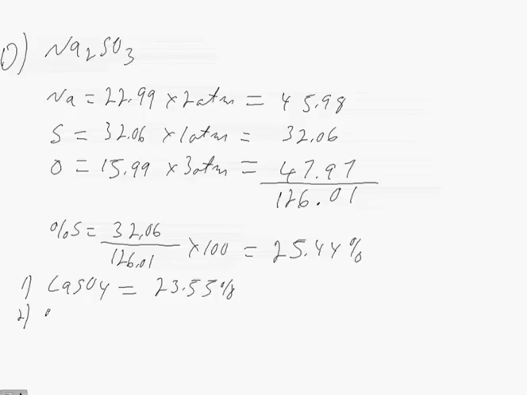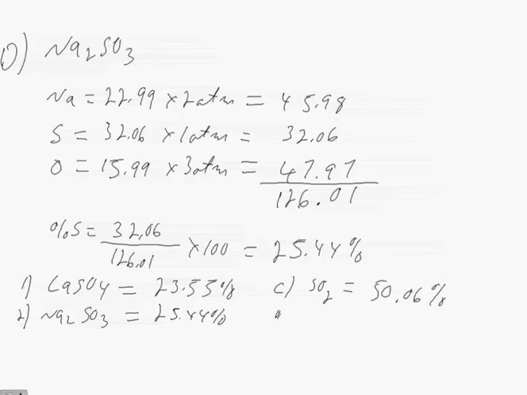In sodium sulfite, percent sulfur was 25.44%. And in SO2, the percent sulfur was 50.06%.